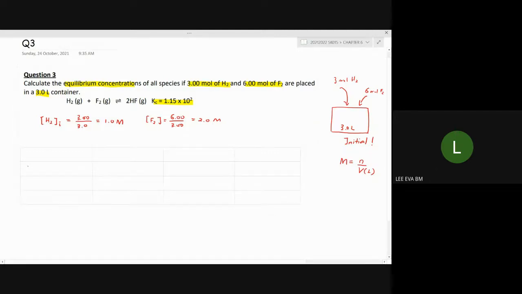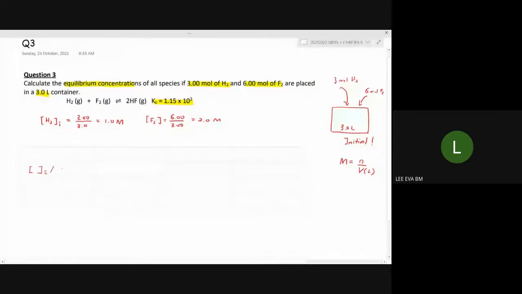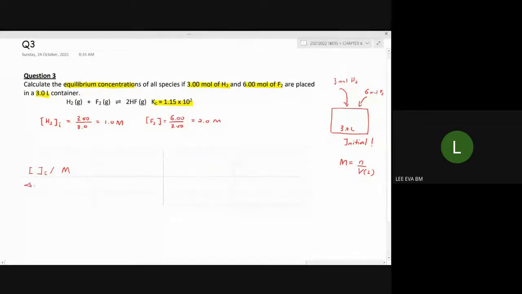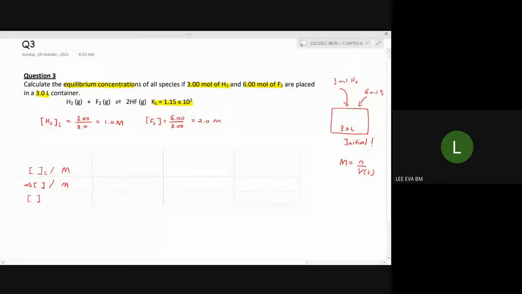What am I going to fill in as the subject? Concentration. Ifan baru bangun ke? Tak. Okay, so initial concentration, using the symbol or using the sentence. Change in concentration, unit. And then equilibrium concentration, unit.